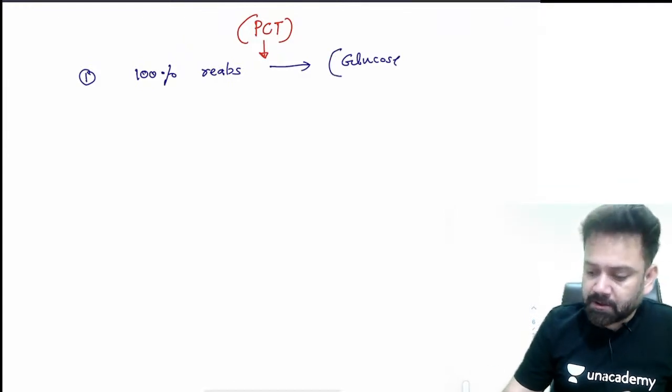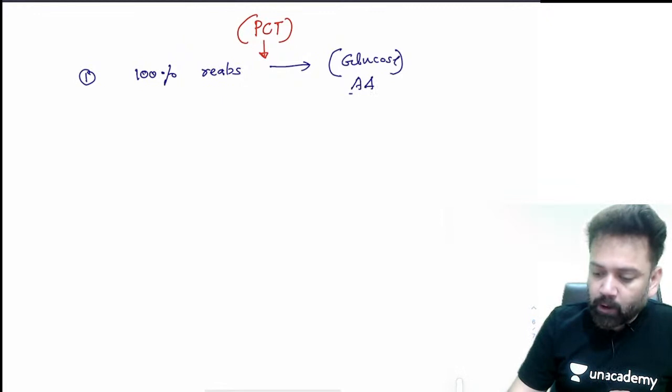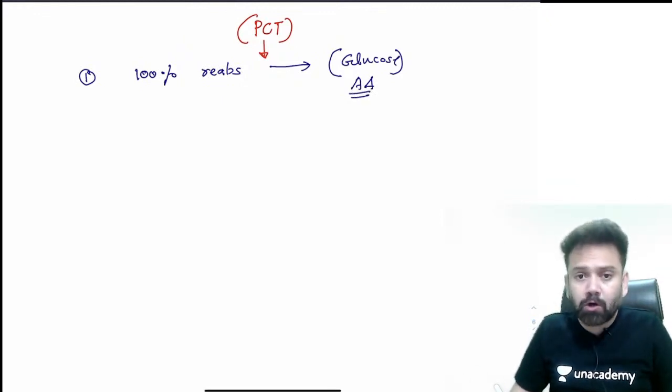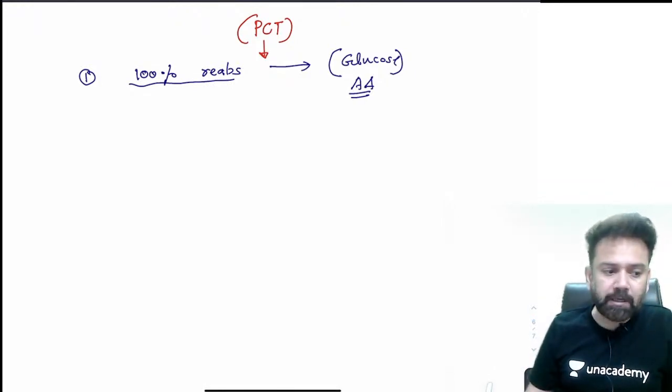But first of all, remember 100% of glucose and amino acids, they are building blocks, so you don't want to lose them in the urine. So 100% reabsorption of glucose and amino acids.